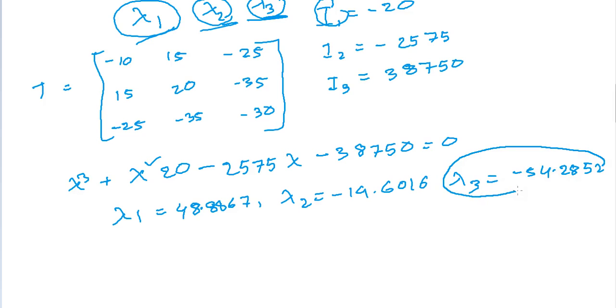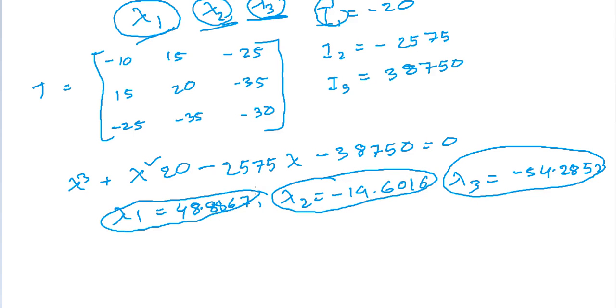These are the principal stresses, provided their corresponding eigenvectors are mutually perpendicular to each other. If we can prove that, then we can say these are the principal stresses and those directions are principal directions.